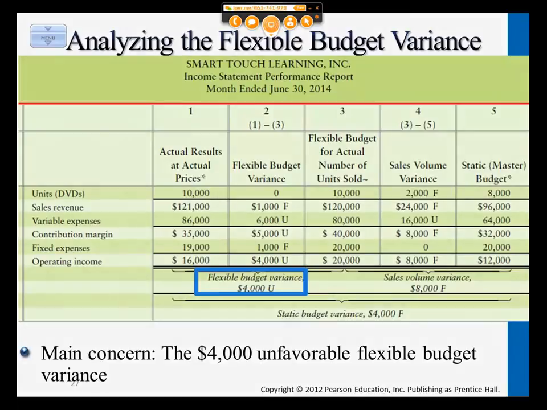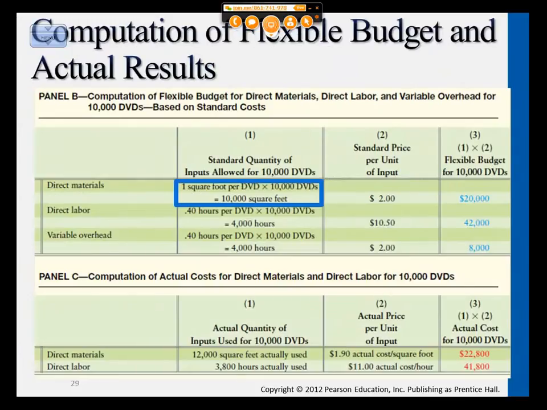All right. So how do we calculate our flexible budget and where is it coming from? These two are panels right from your book. They are the computation of flexible budget and actual results. So let's look, how do we compute? We're given our direct materials, direct labor, and variable overhead.